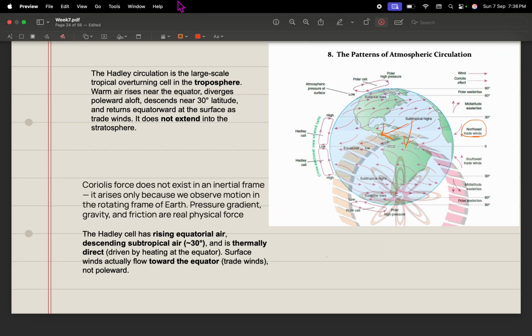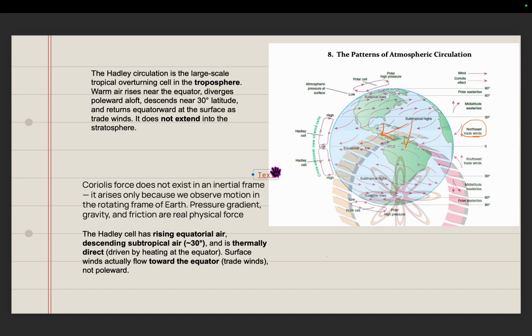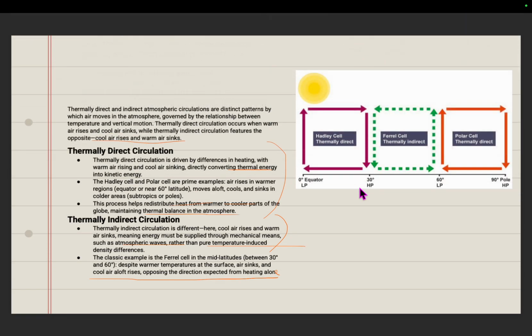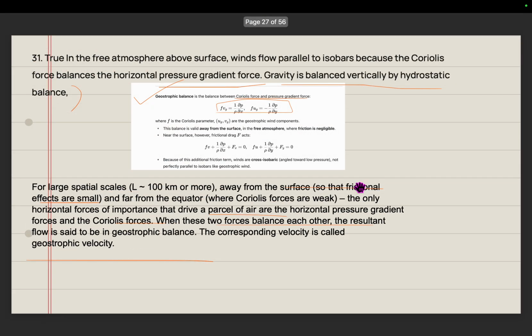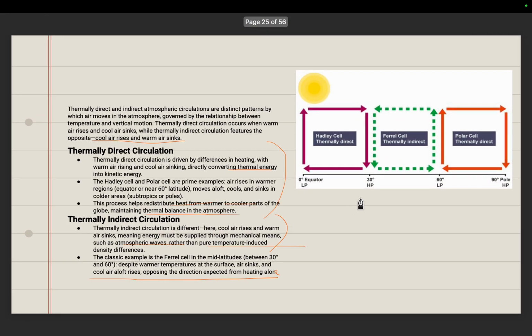This is the surface wind profile. This is known as northeast trade winds in the northern hemisphere. This is the Hadley cell's surface component, you can see.